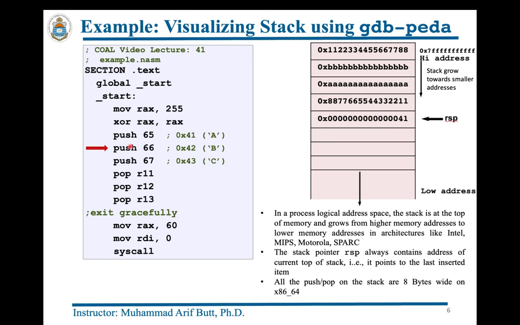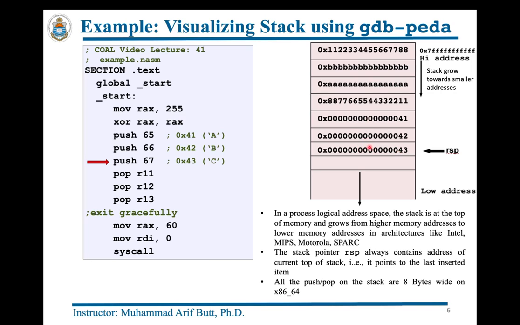Similarly, this push 66 instruction will move this RSP further down and place another value on the stack. And then this third push will also move the stack pointer 8 bytes down and place another value on the stack.